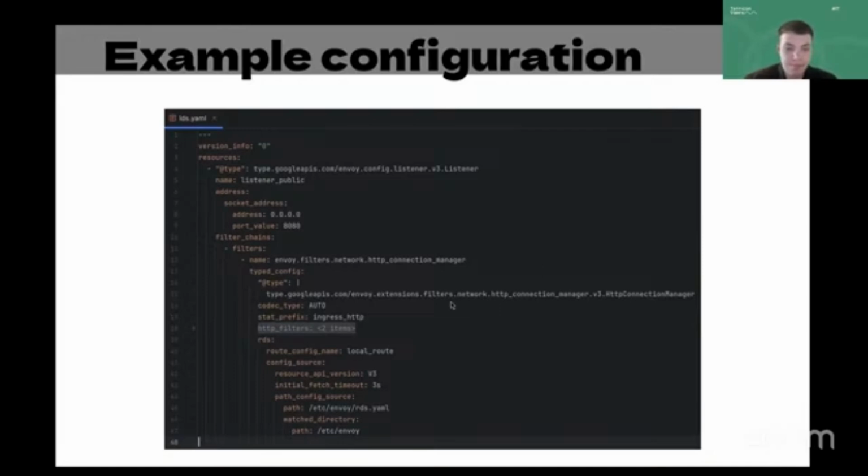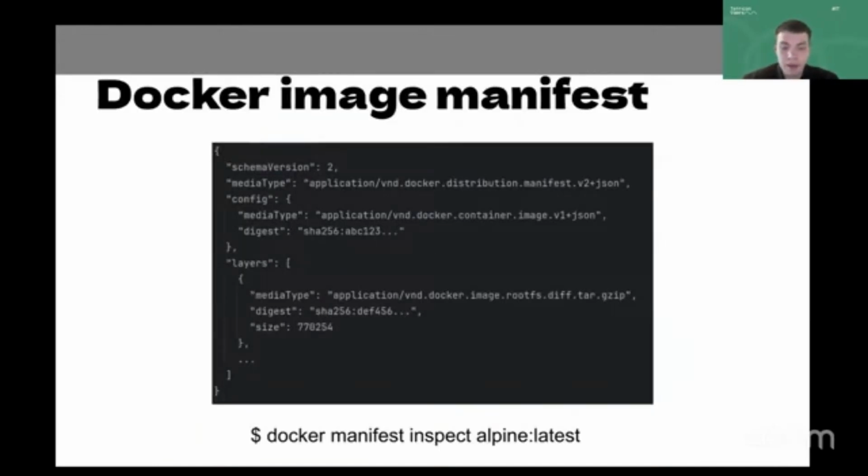A key benefit of using a file is that you can swap one file with another, and your configs will be updated just in place. Okay, we have finished with Envoy configs.